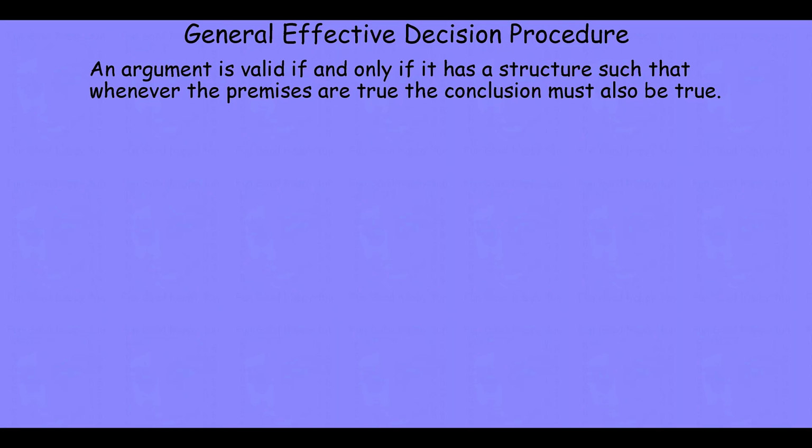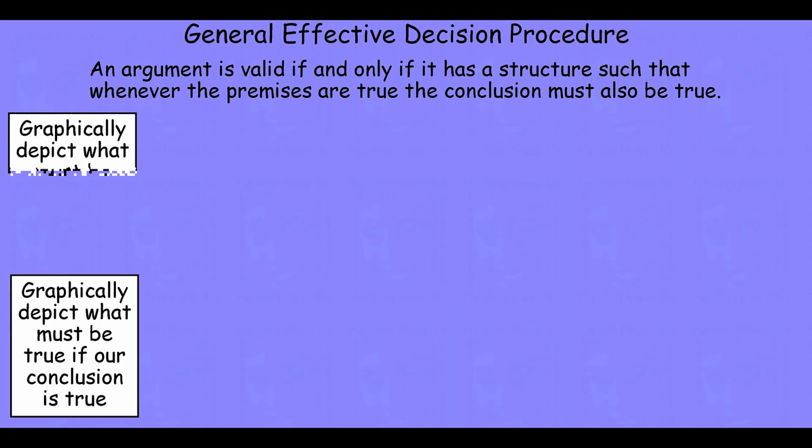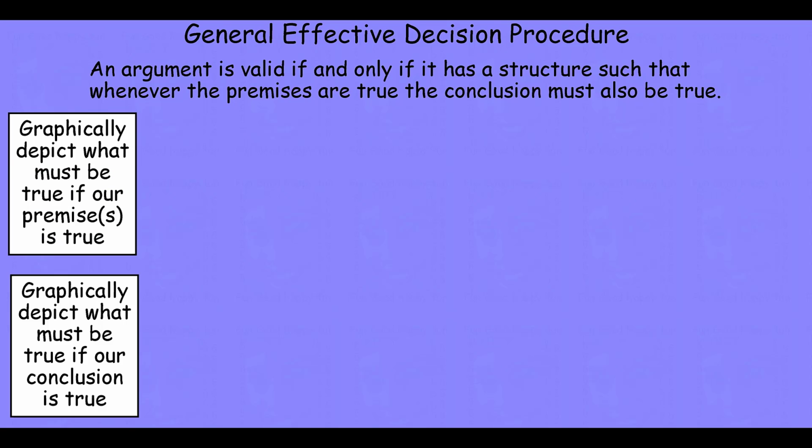We designed our Venn diagram technique to test whether the argument we're considering violates or satisfies that definition. So we would graphically depict what must be true if our conclusion is true in the conclusion diagram, and we would graphically depict what must be true if our premise or premises are true in the premise diagram. We then compare those two diagrams.